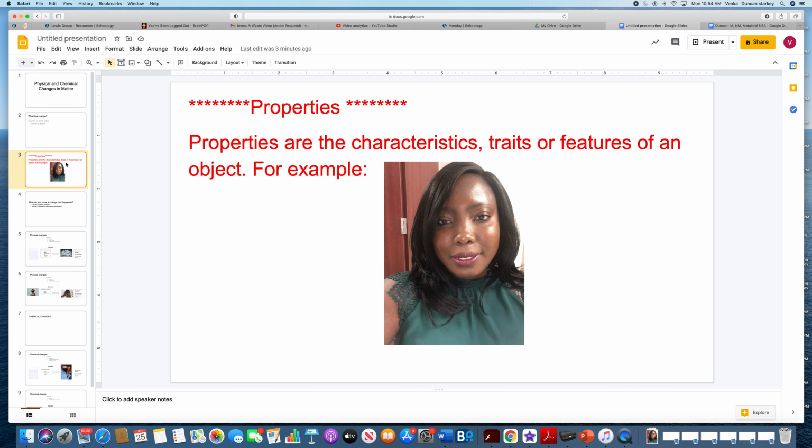So our properties are going to be our characteristics, our traits, or our features, and everything has properties. Physical properties are something that all objects have. So we're using Miss Duncan as an example here, but elements, matter, they all have properties. Let's use another example.